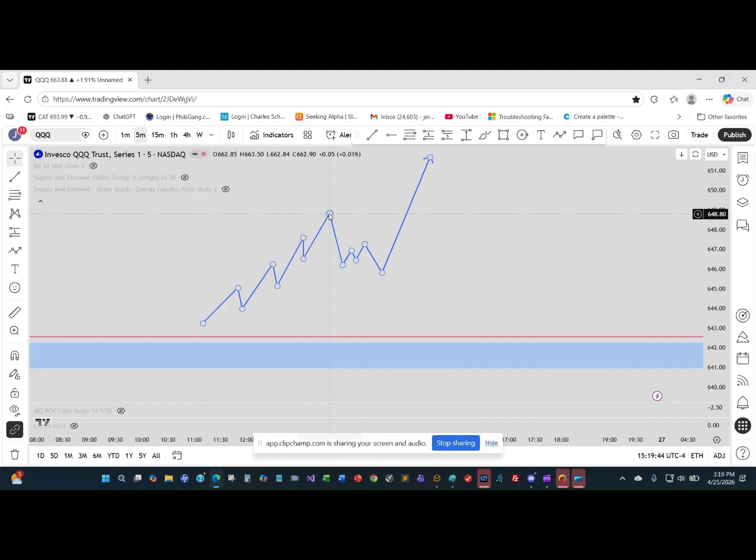Then you're going to have a break in this structure, and it's going to come down, and you're going to have what we call a first low, and then it's going to pop back up.